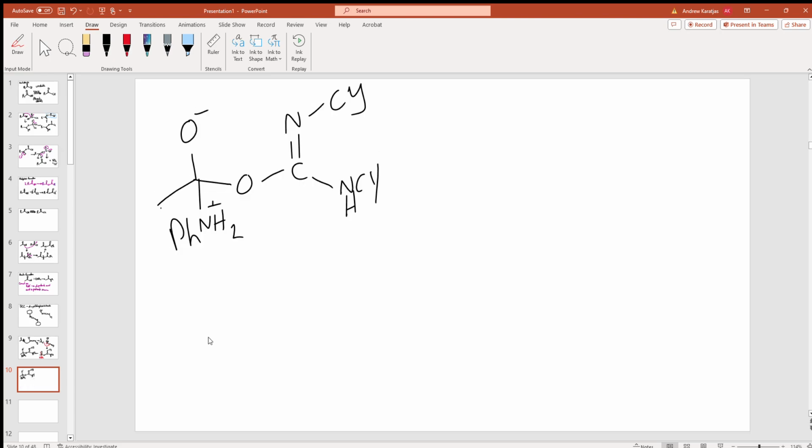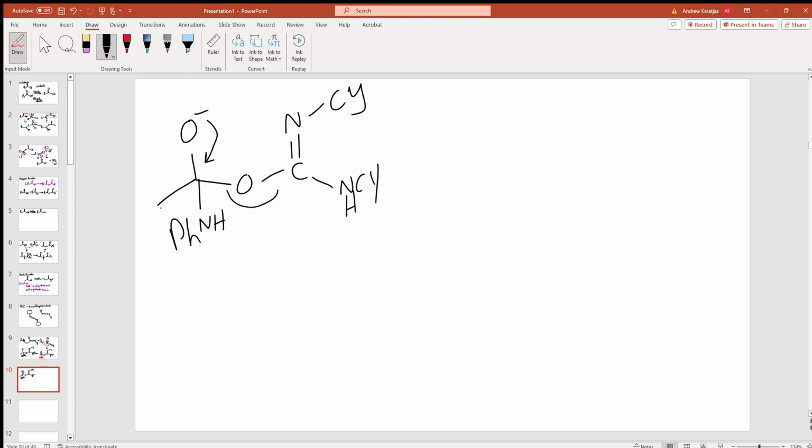So again, all we're doing here is we've lost a proton. Now the O minus adds its electrons back in.